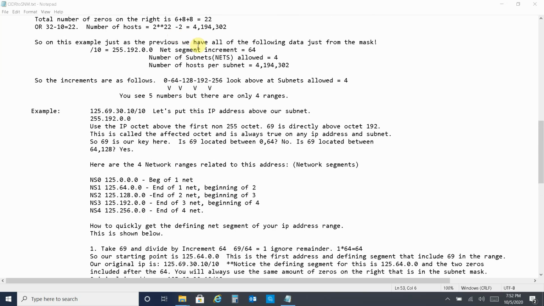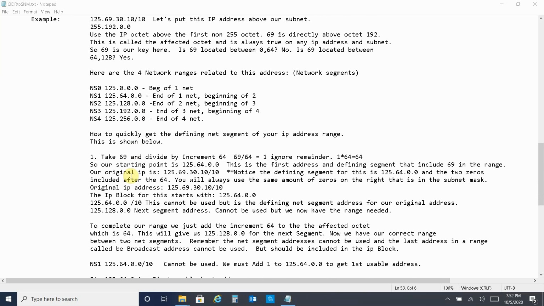It's like we said right up here, okay? That's why it's so important. This works on anything, not just this one. Once you find the active octet, that's what you're looking at. So you can simply take 69, divide it by 64. It goes into it one time. Ignore the remainder. We don't care about that right now. 1 times 64 is 64. It goes into it one time.